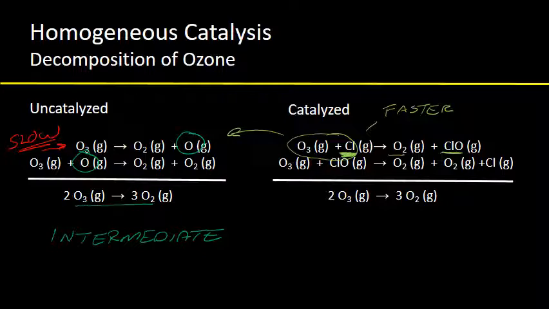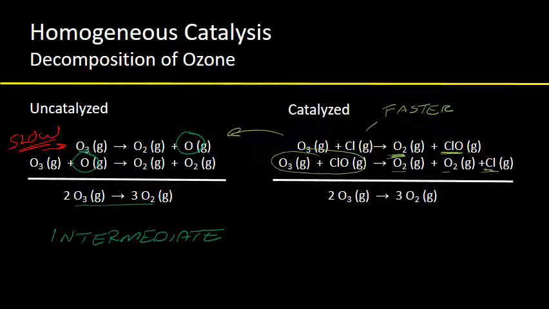Right. Once the chlorine reacts with ozone to make O2 and ClO, the ClO molecule can then react with another ozone to make 2 molecules of oxygen and regenerating that chlorine atom.